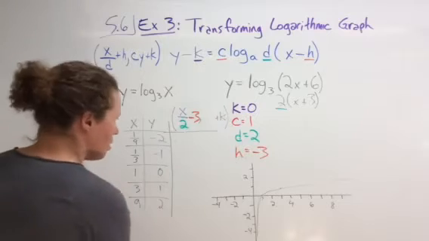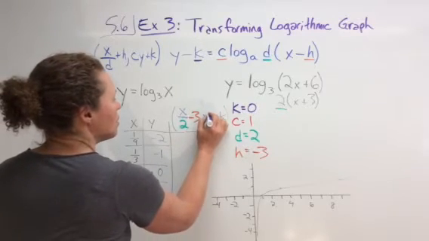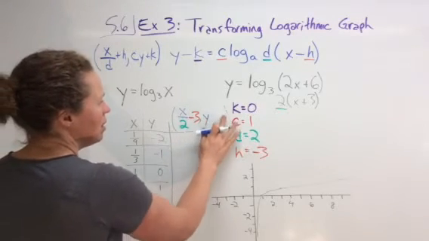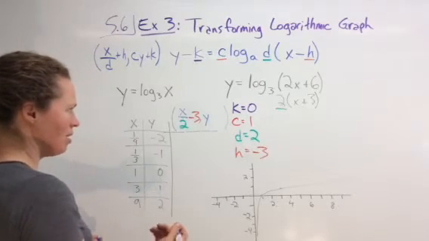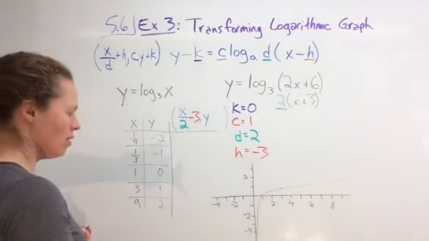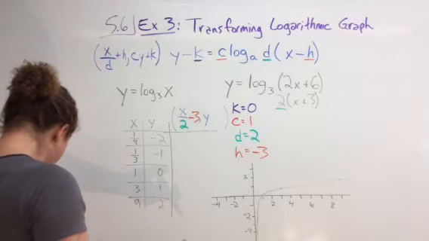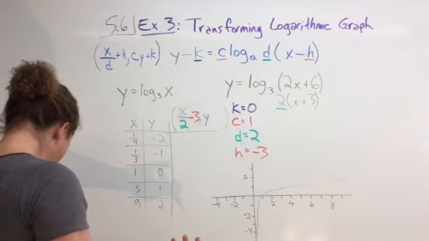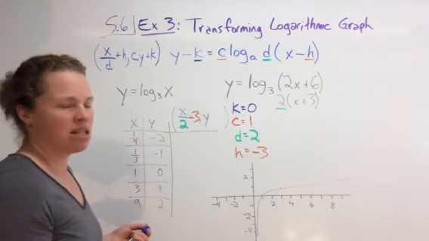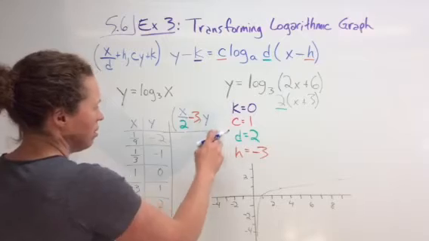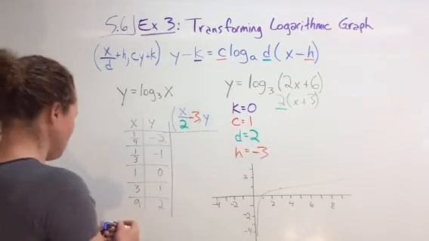We could just put in a y there, because 1 times y is just y. And then the plus k is 0. Oh, well, that means we're not actually changing our y values. That's nice. So we just have y. Fabulous. So all we really have to do is change x.